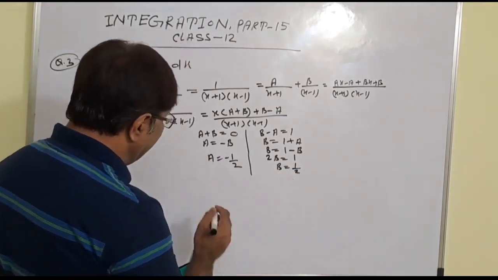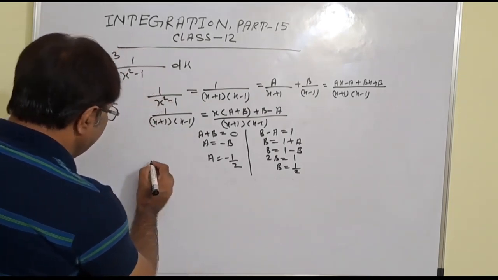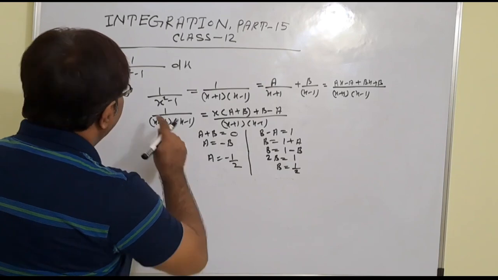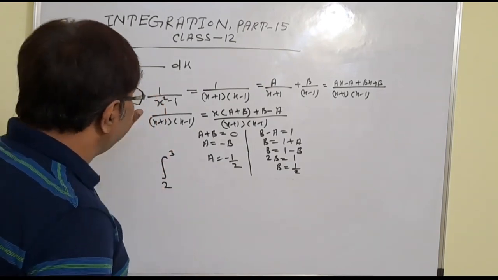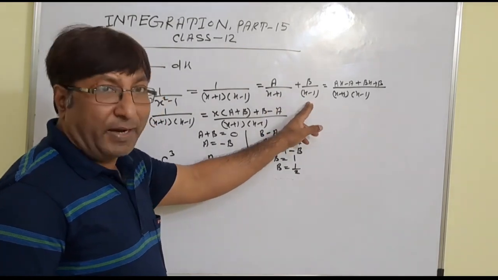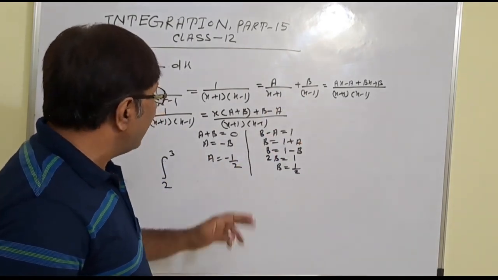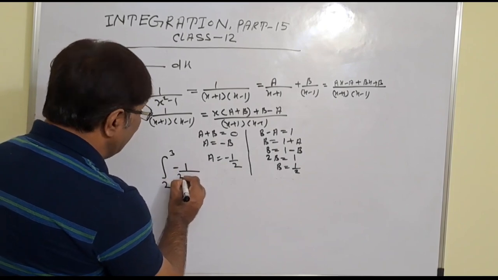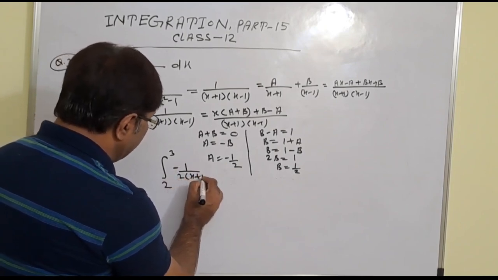So we can find our integration, that is the integration from 2 to 3 of 1 by x square minus 1. Now we can write A by x plus 1 and B by x minus 1. A is minus half, so we can write minus 1 by 2 into (x plus 1).